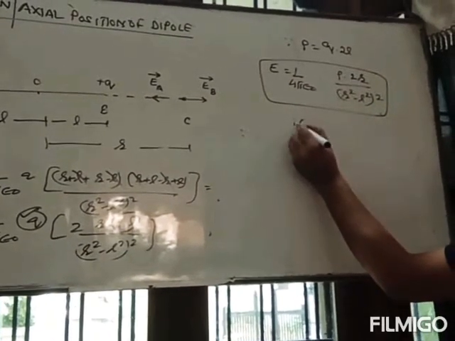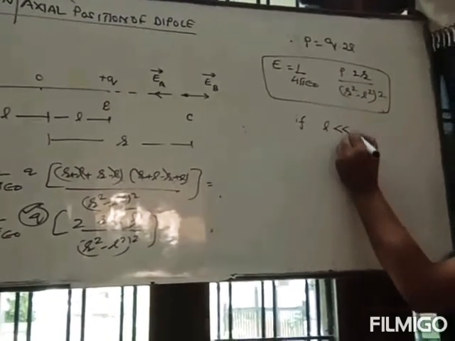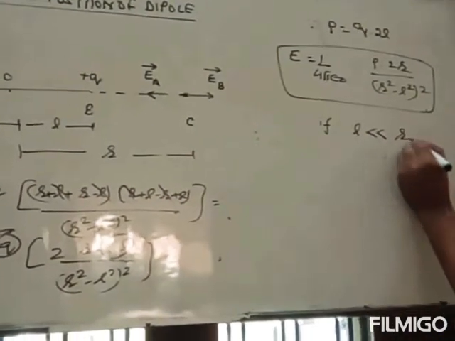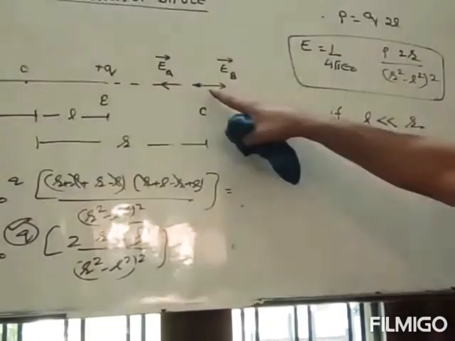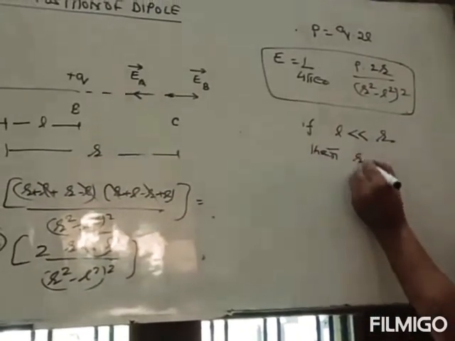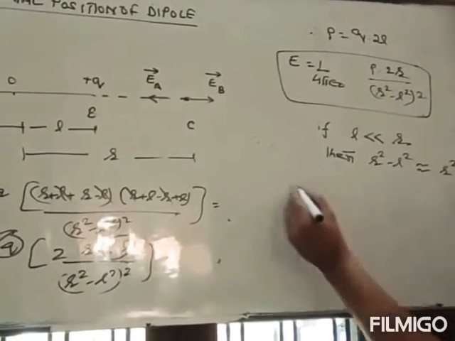Suppose the effective length of the dipole, meaning half of the effective length of the dipole, is very much less than the distance of the given point on the axis, then R square minus L square can be written as R square.